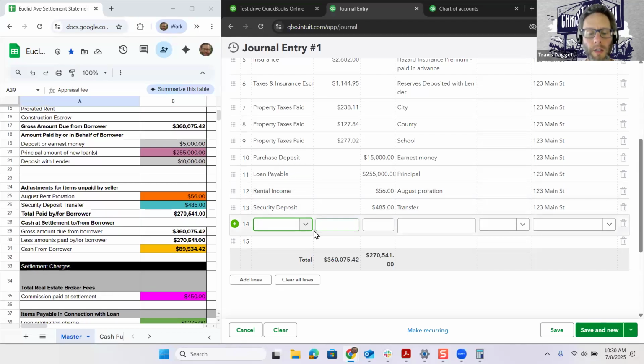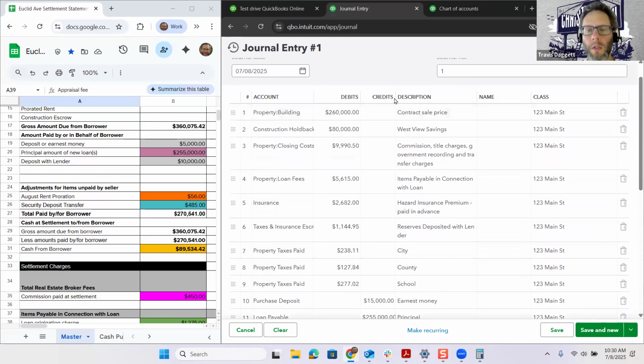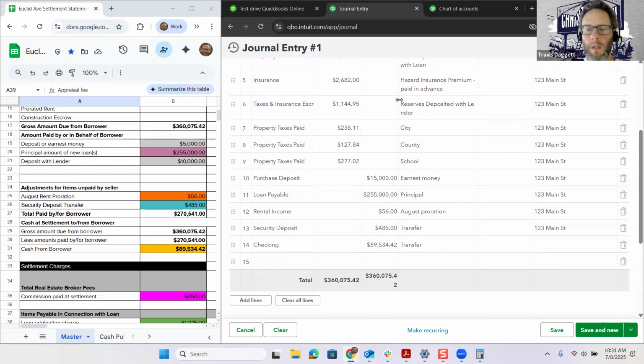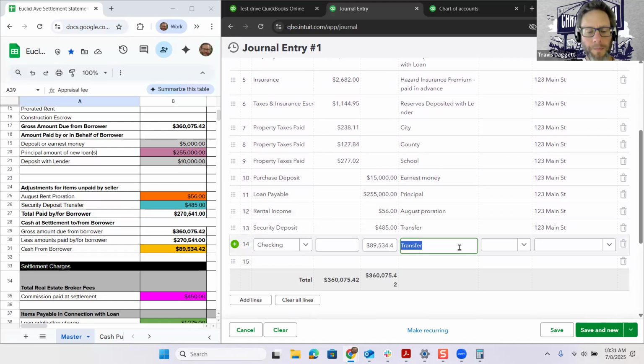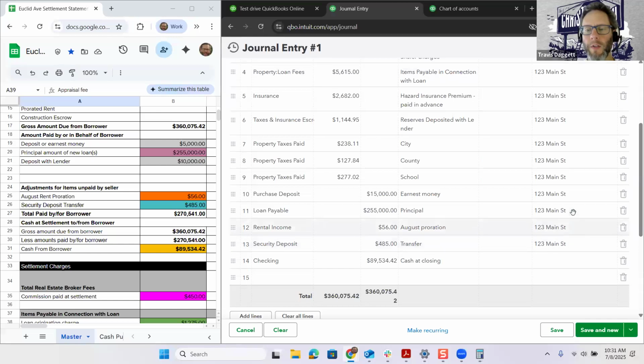And now the test. We have cash due at closing. This should equal, let's make sure this is correct. Yes, yep, and that equals. So this is going to be cash at closing. And from the checking account, do we want that checking account transaction tied to the property?